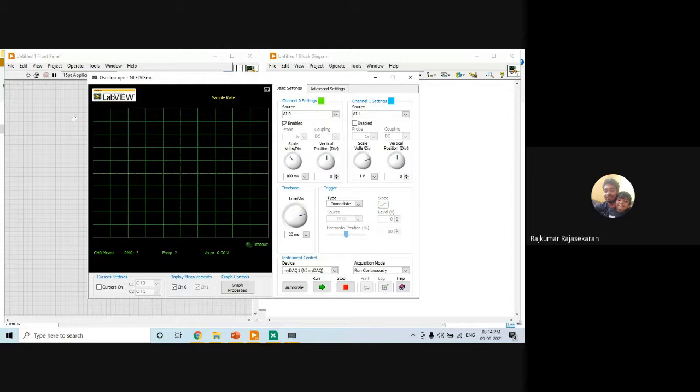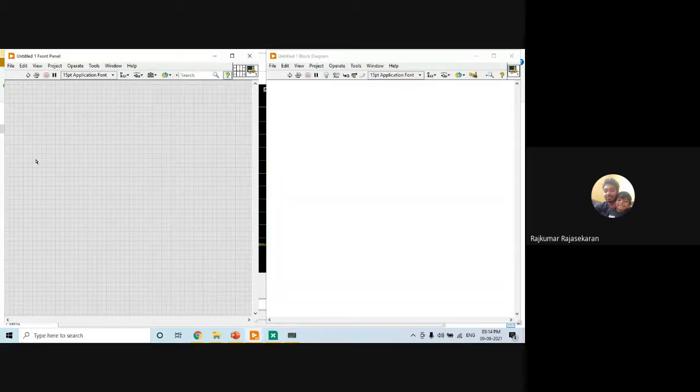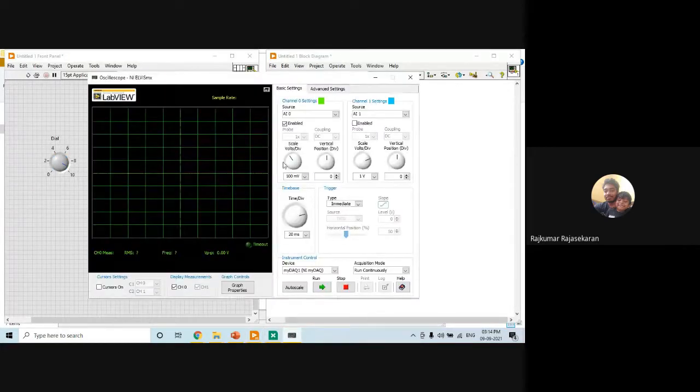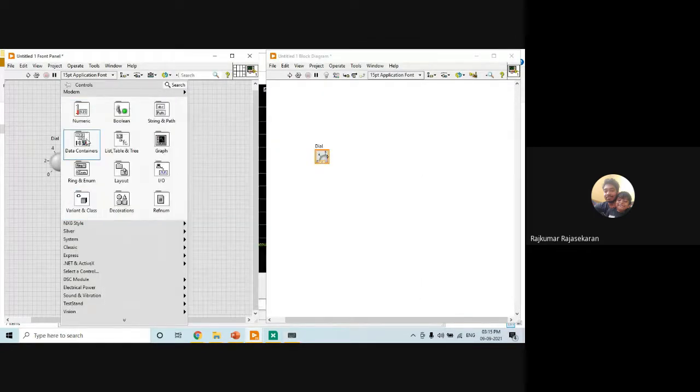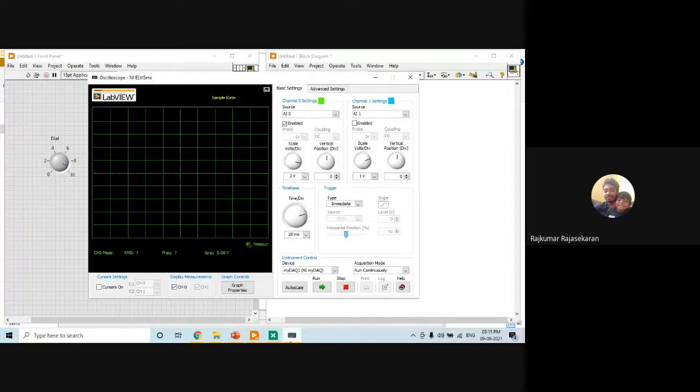We see this dial, which was created in LabVIEW. This drop down list is going to be available as one component, in one form or another. So this is a GUI which was created by someone who wants to use an oscilloscope.